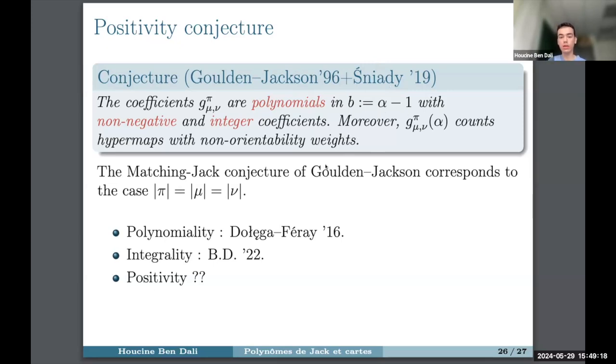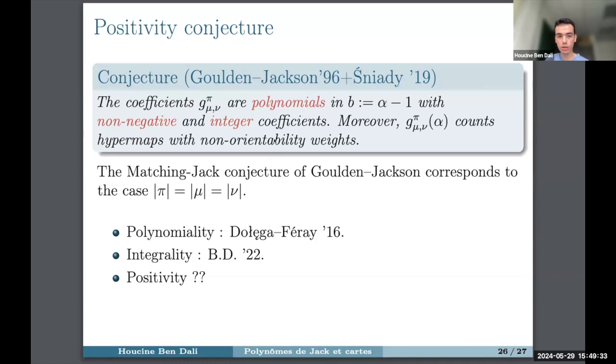And as I said, when we take the case where the three partitions have the same size, these coefficients g are the coefficient c of the matching Jack conjecture. So somehow this is a generalization of the matching Jack conjecture of Goulden and Jackson.